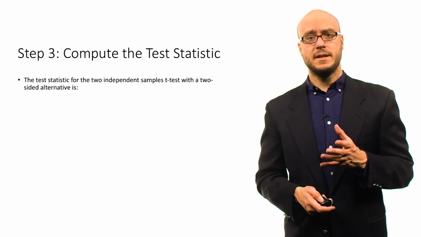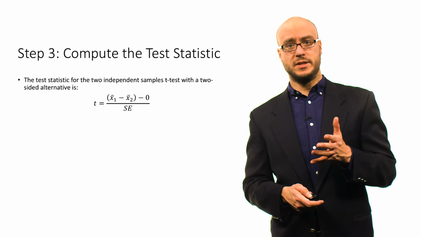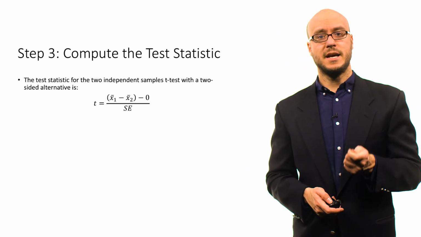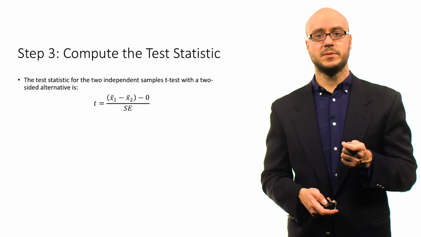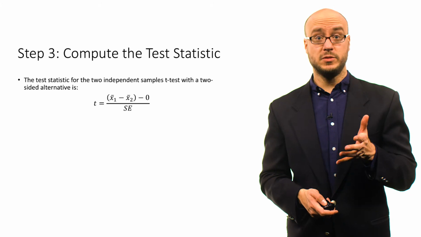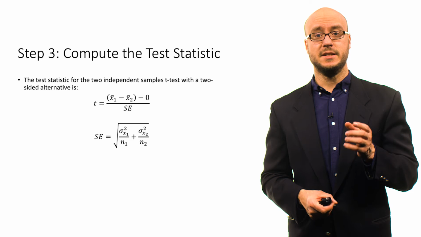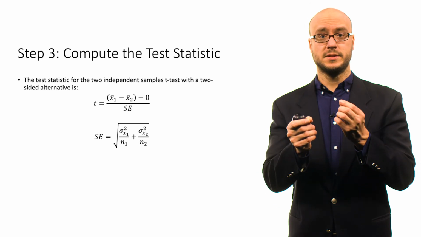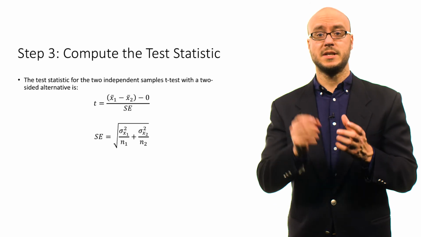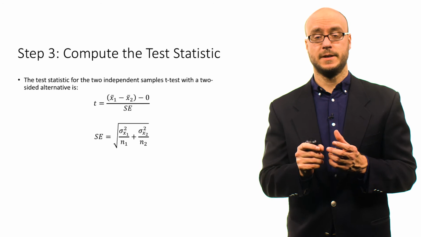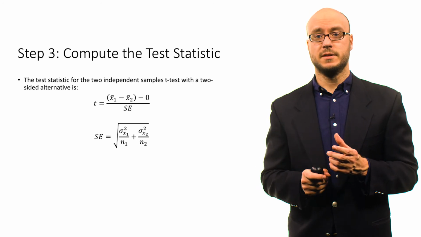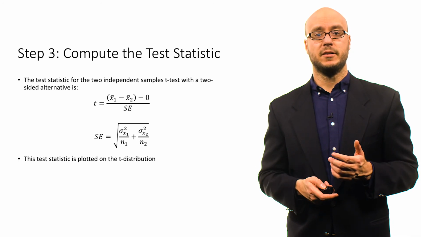Right? Then the next step is you want to compute the test statistic. So the test statistic for two independent samples t-test with a two-sided alternative is simply as follows. The test statistic is the difference of the two sample means minus 0. That's because the null is 0. And then we divide by the standard error.